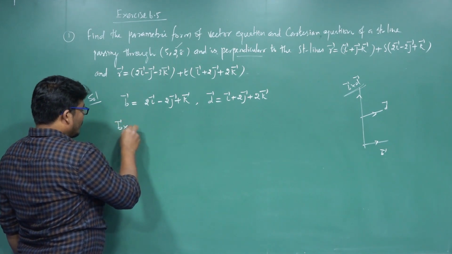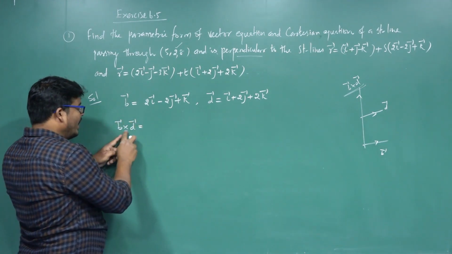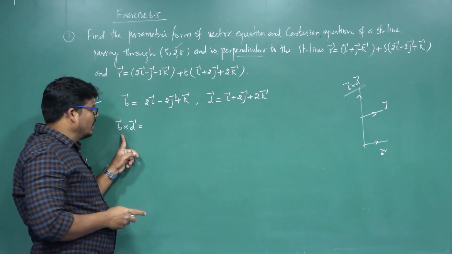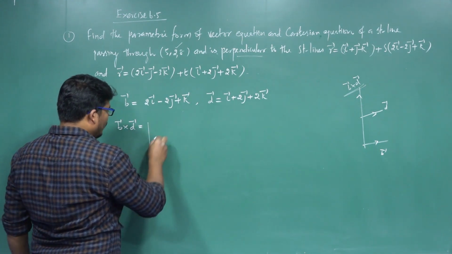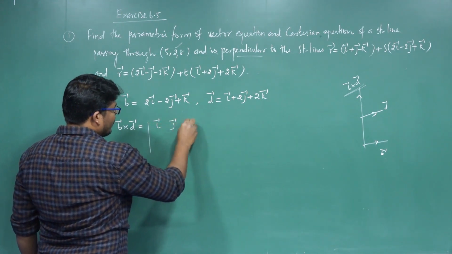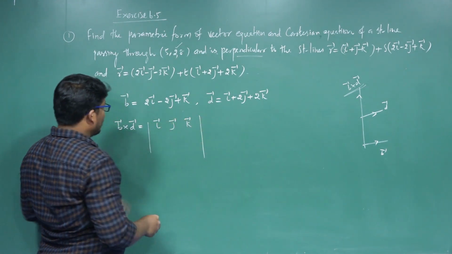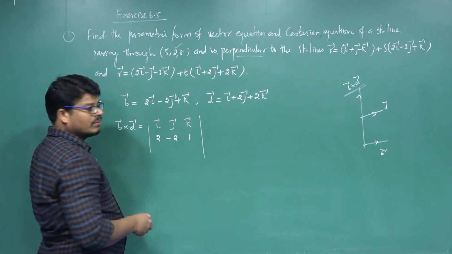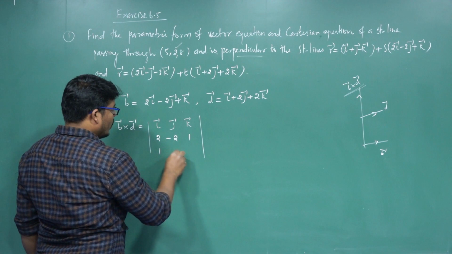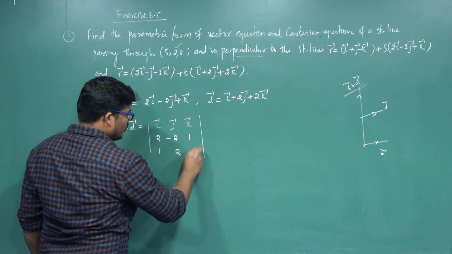B cross D is the vector product of two vectors. We find it using the determinant form: determinant of i vector, j vector, k vector, with the components of B as 2, minus 2, 1 and the components of D as 1, 2, 2.